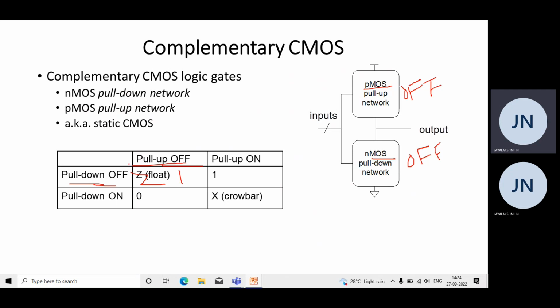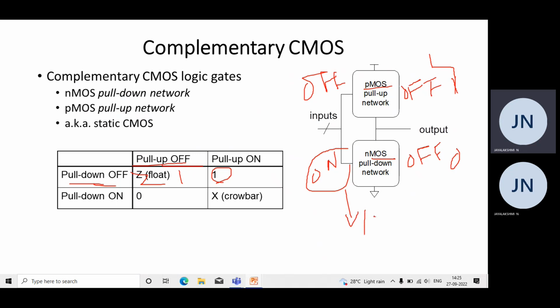Suppose the pull-up is on, which means its value is 1, and pull-down is off, which means it is 0. Then this 1 is tied to VDD, so the output is 1 only. Next, if pull-down is on, which means the NMOS is on, and pull-up is off, the output is 0, because whenever the NMOS transistor is on, it is connected to ground.